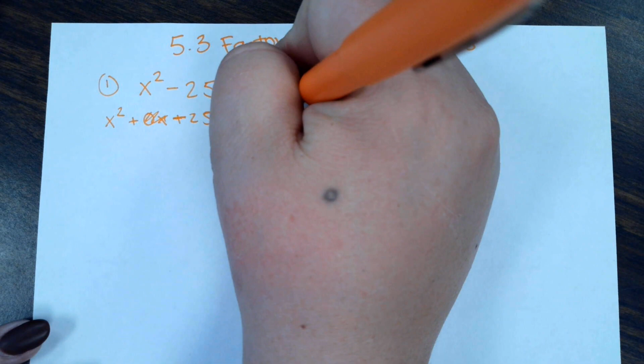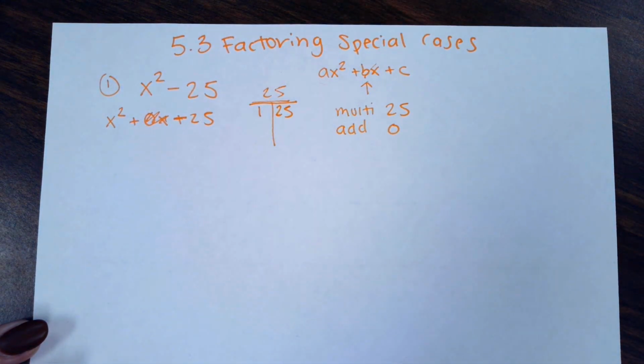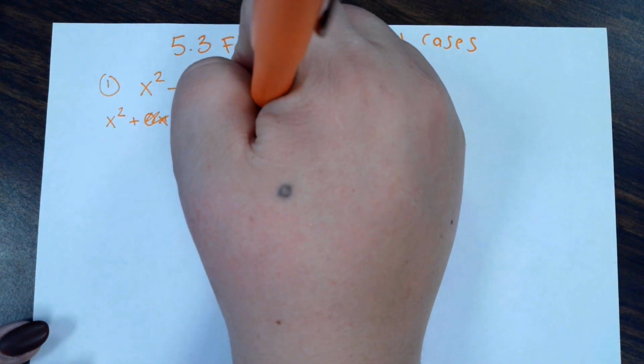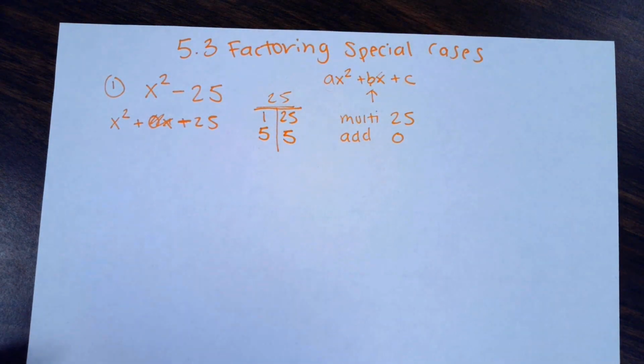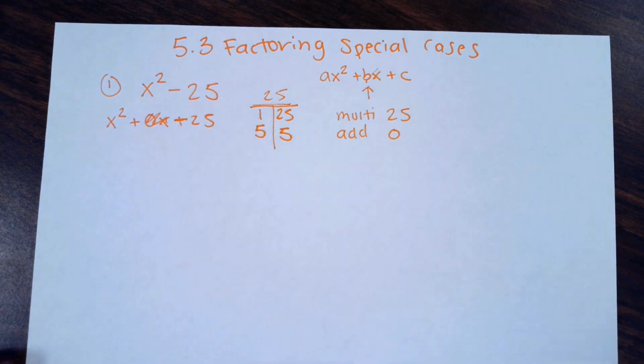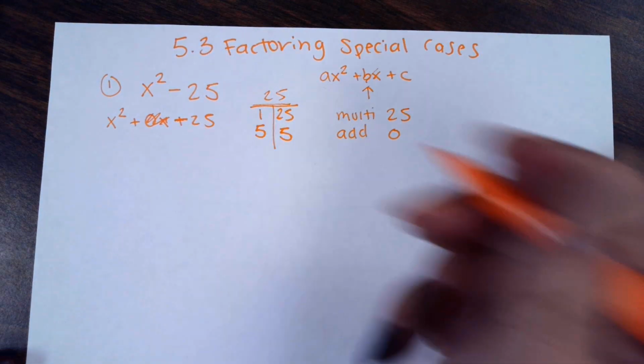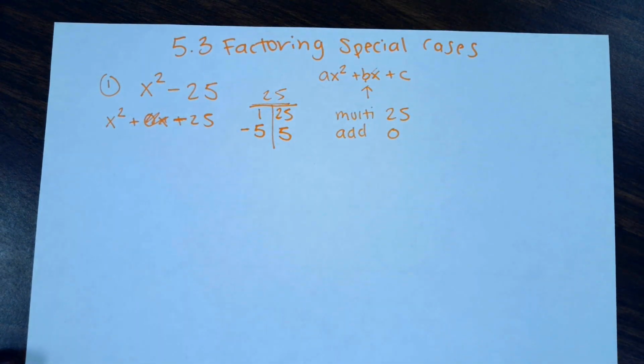So 1 and 25. 2 doesn't work, 3 doesn't work, 4 doesn't work, 5 works, right? 5 times 5 gives us 25. All right, right away, ding, ding, ding, we have a winner. 5 and 5, same number. We just have to make one of them negative.